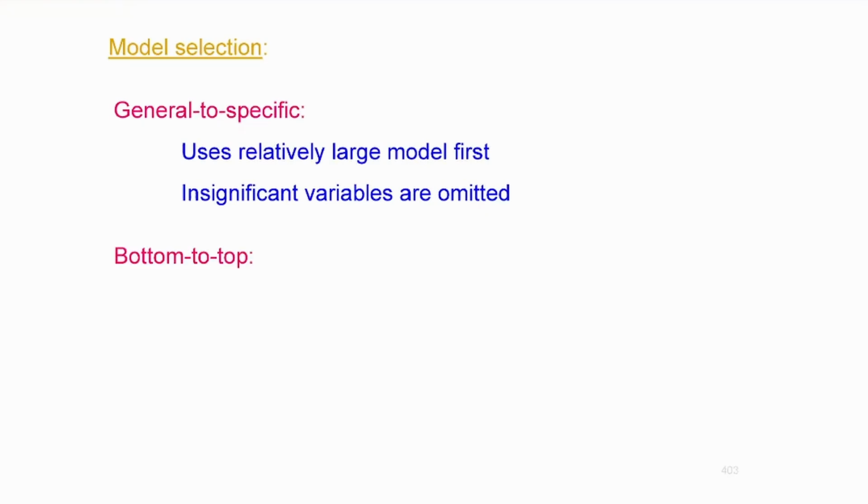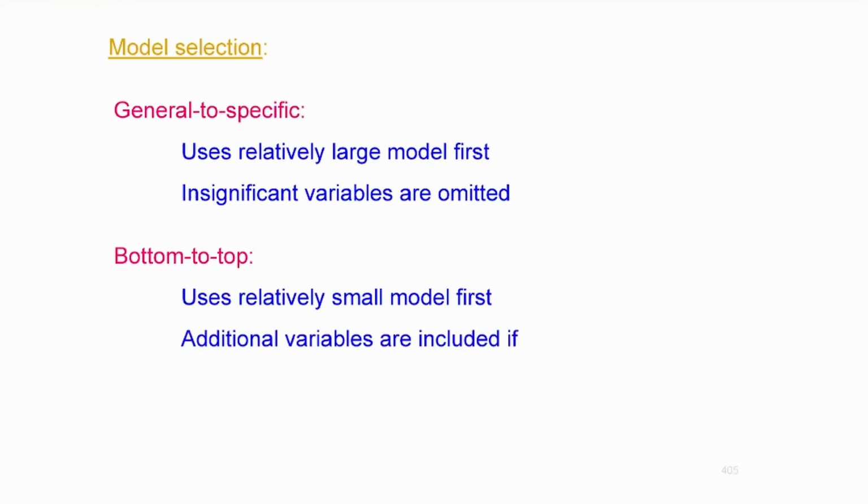Now, from the bottom to top, there is a different approach. You start with a small model first because, to my estimation, a good model is always a simple one, right? But what is a good model? And then you throw in additional predictors until the residuals no longer exhibit autocorrelation.